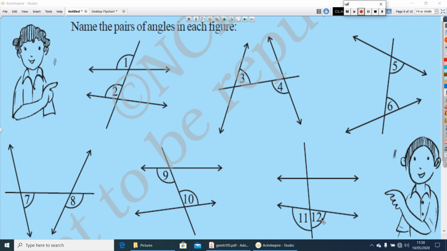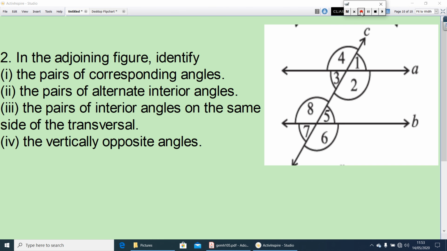Now what is 11 and 12, do you remember? These two are opposite rays and another one line. So 11 and 12, yes, it is a linear pair of angles. Linear pair of angles, you write.